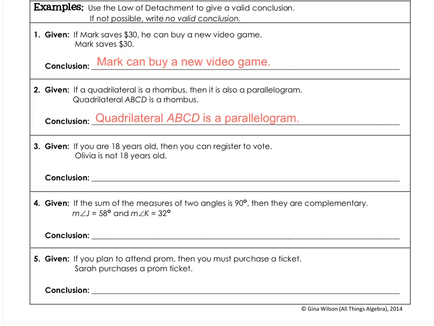So here in problem number 3, we've been given the conditional statement, if you are 18 years old, then you can register to vote. Olivia is not 18 years old.